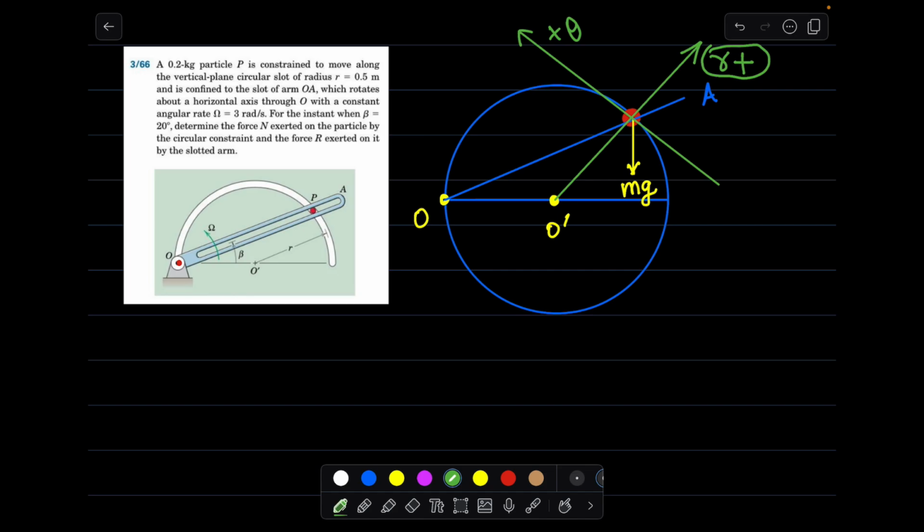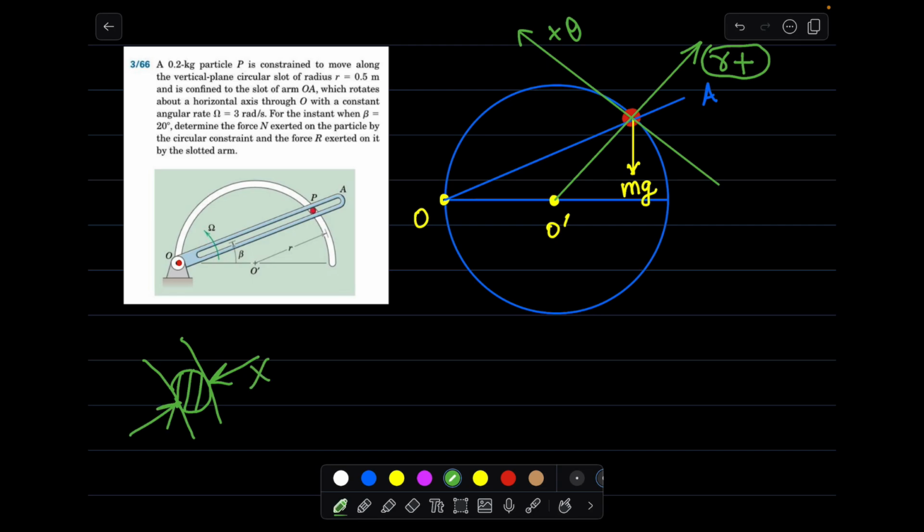Now let's talk about the other forces which are working on it. As per the problem, there are two forces: one is N and another is R. As I mentioned, the normal force may be working from the upward direction or maybe from the backward direction. As you can see on the screen, I made either this one or this one.